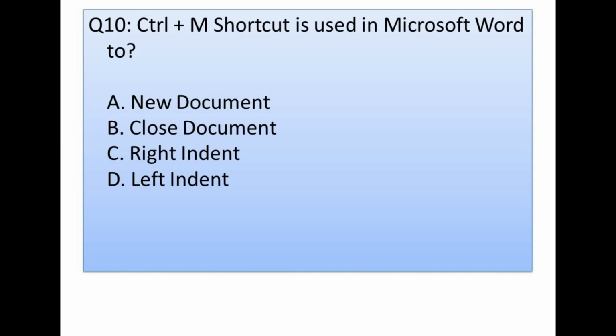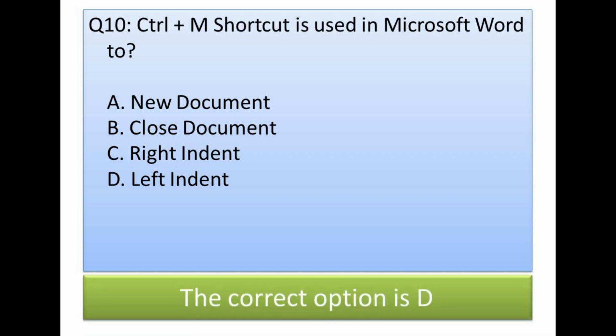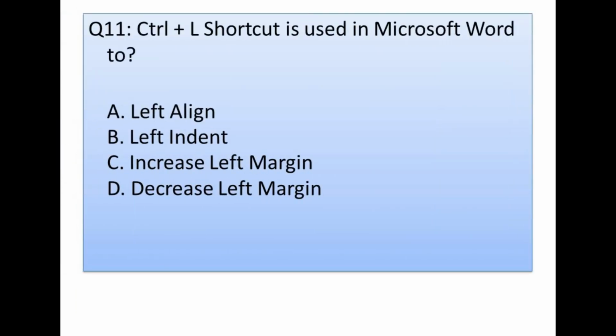Ctrl+M shortcut key is used in Microsoft Word to new document, close document, right indent, left indent. So the correct option is D. Ctrl+A shortcut key is used in Microsoft Word to left align, left indent, increase left margin, decrease left margin.